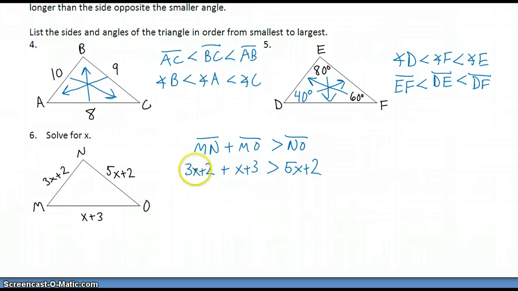Combine my like terms. 3x plus x gives me 4x. 2 plus 3 gives me 5. Now I need to solve for x. I have 5x on the right and 4x on the left, so I'm going to subtract 4x to keep my x positive.